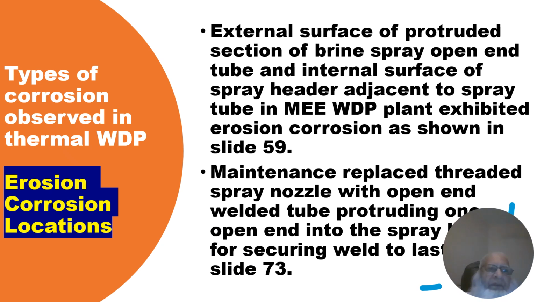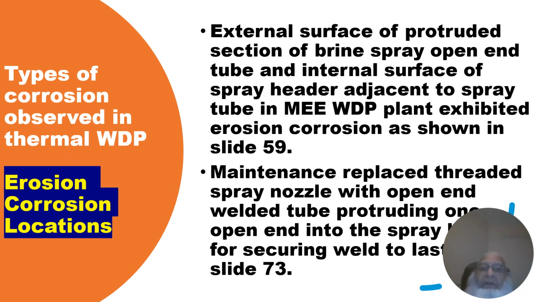This slide shows locations of erosion corrosion as observed in the MEE WDP. The external surface of a protruded section of the brine spray open-end tube and the internal surface of the spray header adjacent to the spray tube in the MEE WDP plant exhibited erosion corrosion, as shown in slide 59 of the overall presentation, whereas this slide will appear as we move on.